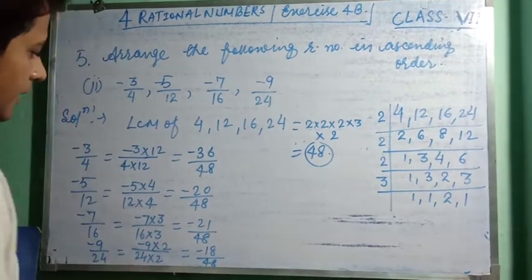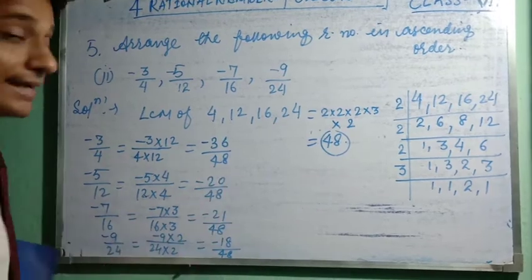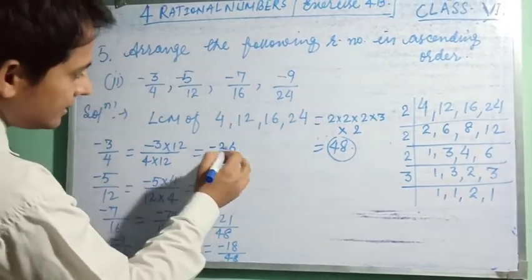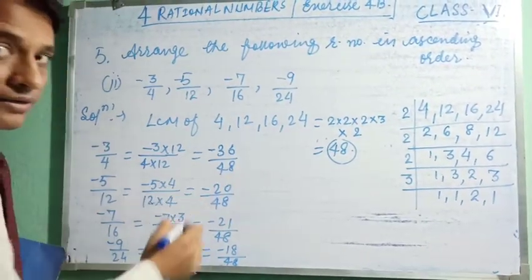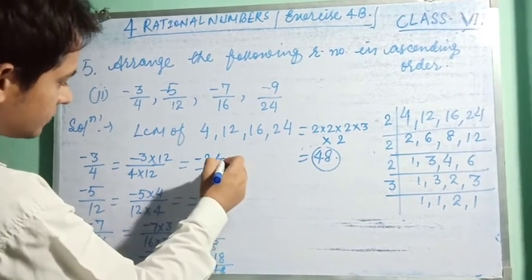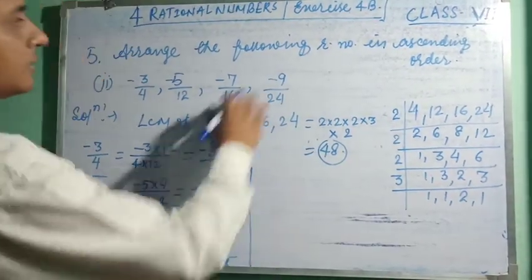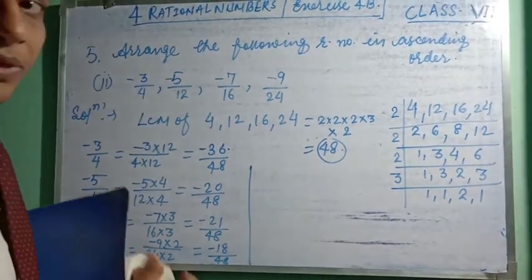Now we have to see the numerators, but all the numerators have a negative sign. Numerically, minus 36 is the greatest, but because of the minus sign, minus 36 is the smallest number. Now we have to arrange in ascending order. That means first we have to bring the smallest number.